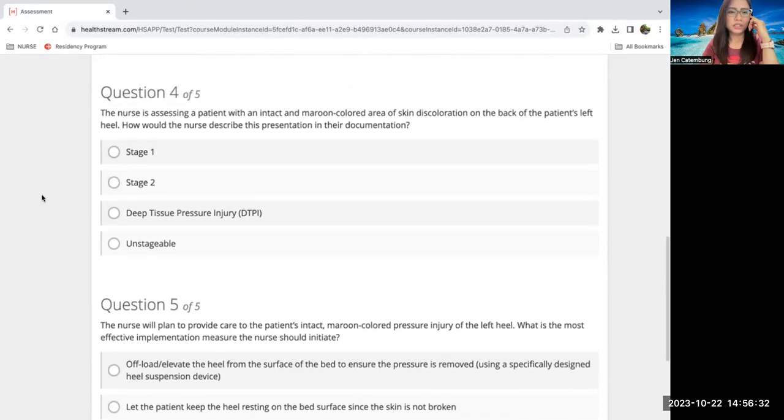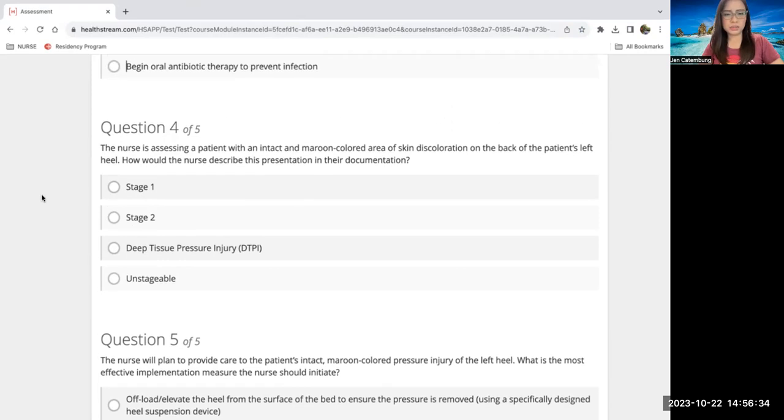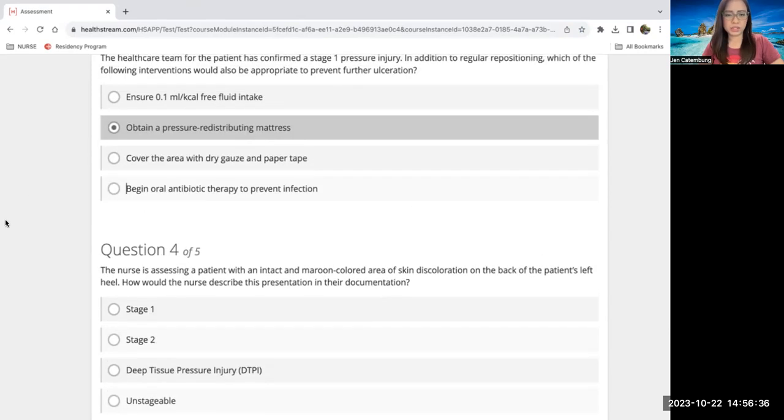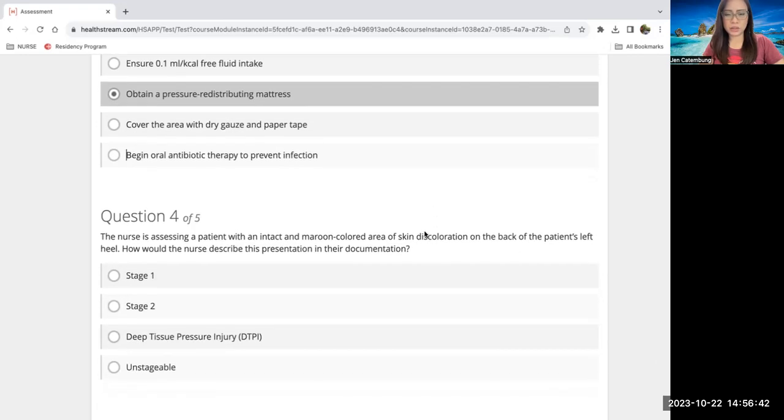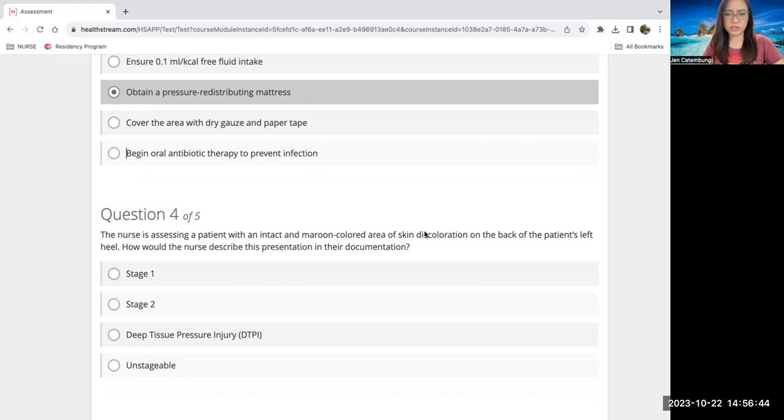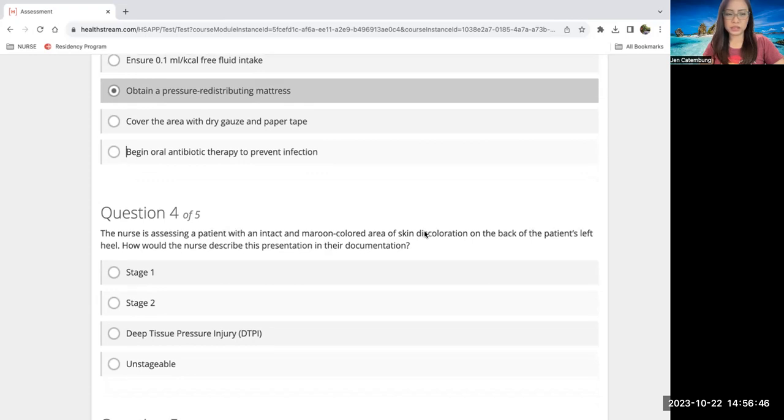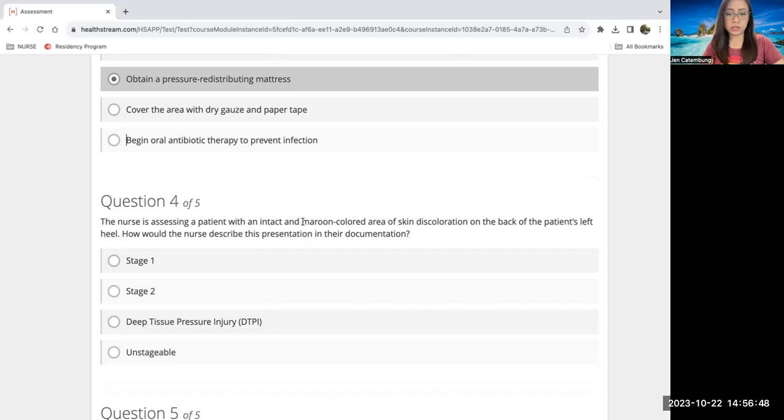Okay, the nurse is assessing the patient with an intact and maroon-colored area of skin discoloration on the back of the patient's left heel. Okay, maroon colored, stage 2?